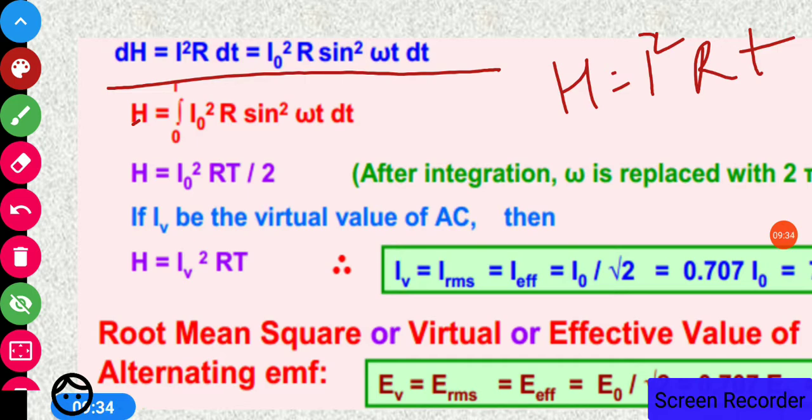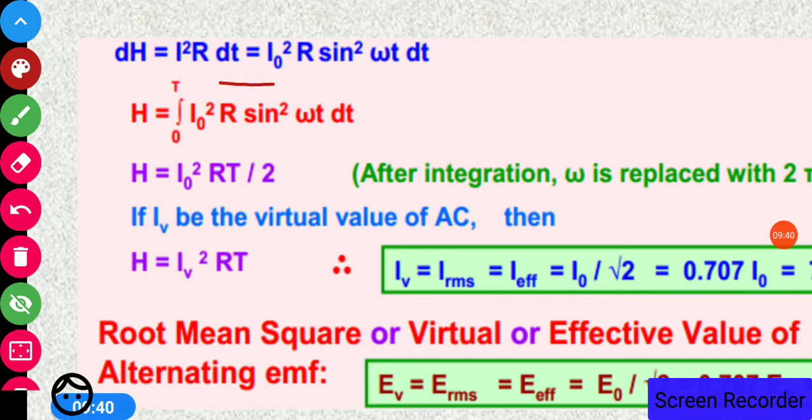Now I is I naught sin omega t, so if we put the value, this will come to I naught square R sin square omega t dt. This is the small heat. So total heat H is the integral, and here we are integrating it for the complete cycle, from 0 to T, of I naught square R sin square omega t dt.